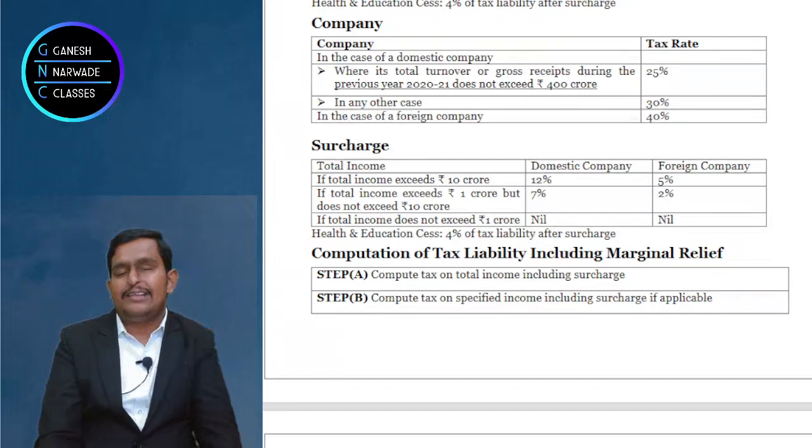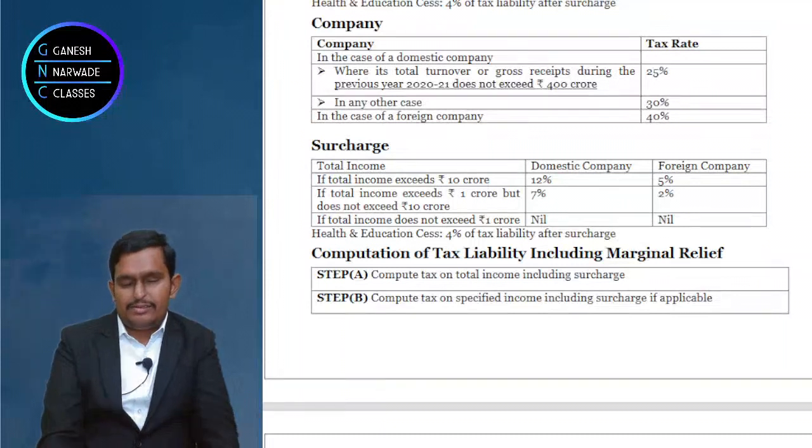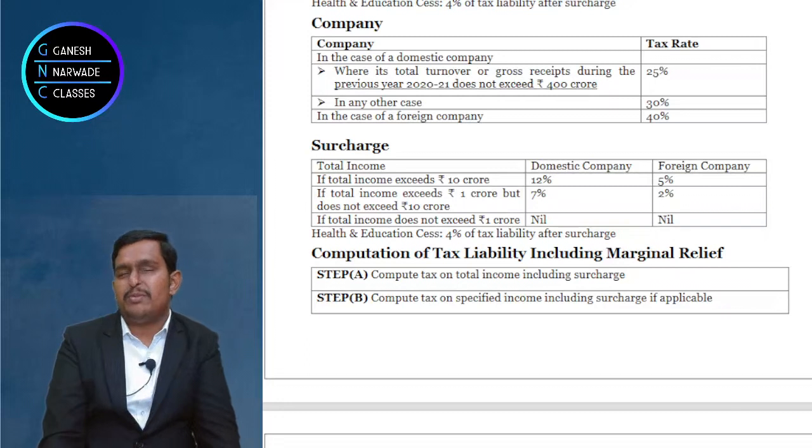Now, final thing, we already completed all the tax rates. But suppose sometimes what happens, your income is more than 50 lakhs. For individual I am talking about. So your income is more than 50 lakhs, surcharge is applicable. Now, sometimes it becomes unfair on those people.